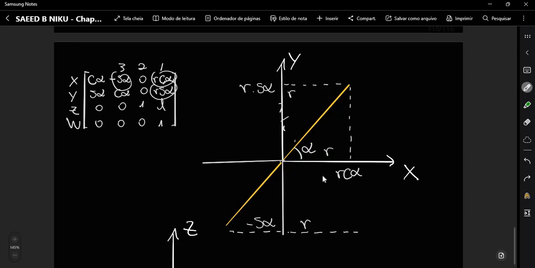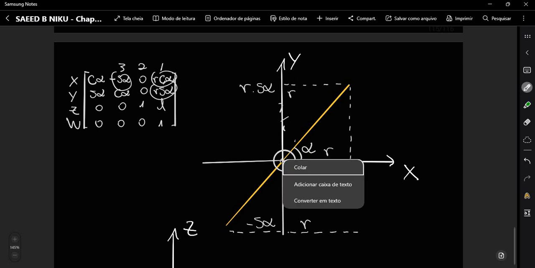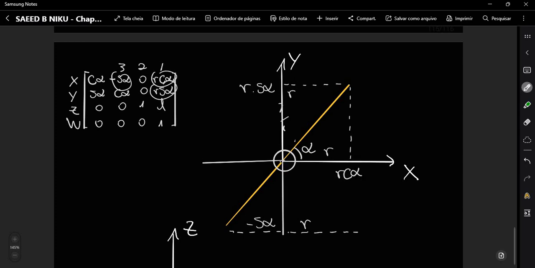Now let's say we are adding the z-axis, but you won't see the z-axis right now because it's outside of the screen. Let's say the z-axis is pointing outside of the screen. Is this cycle?